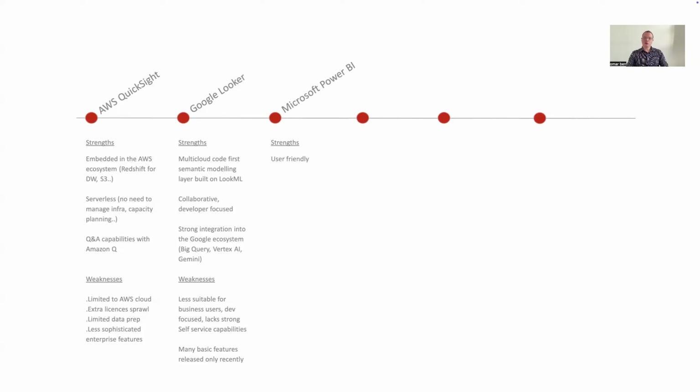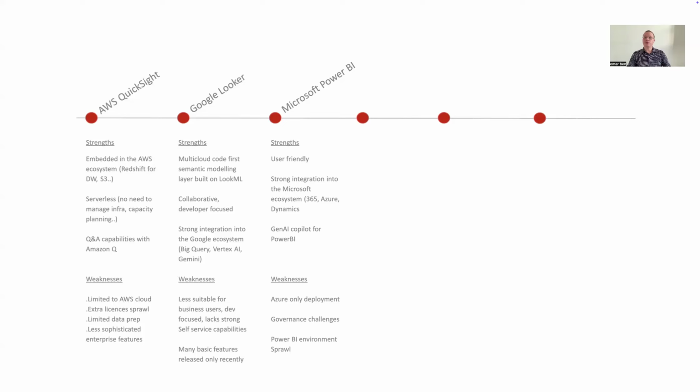Microsoft Power BI, the strengths are obvious here. It's user-friendly. It has strong integration with the Microsoft ecosystem, with Microsoft 365, Azure, Dynamics, generative AI with the Copilot for Power BI. But again, this is an Azure-only deployment. There are some governance challenges where you tend to have so many tools and so many propagation of data across multiple solutions.